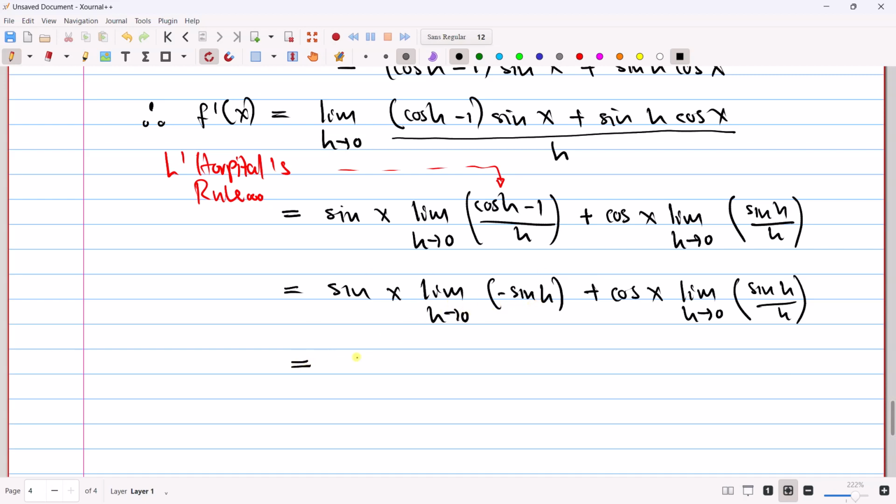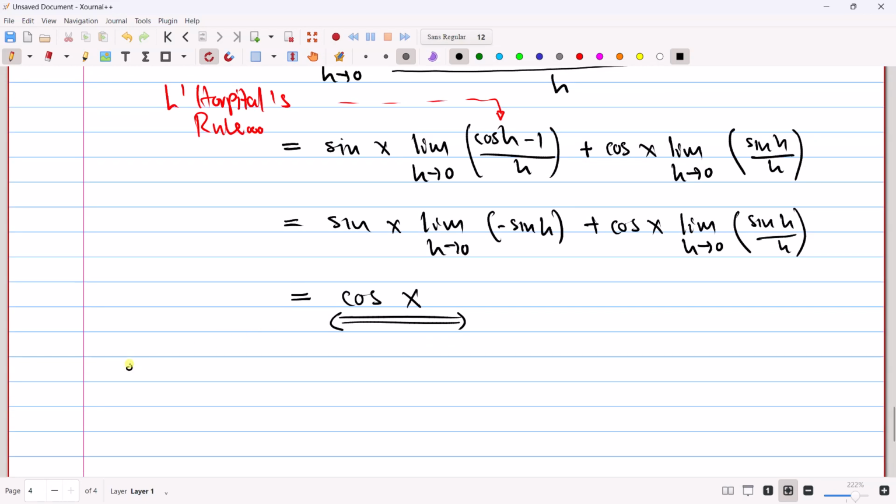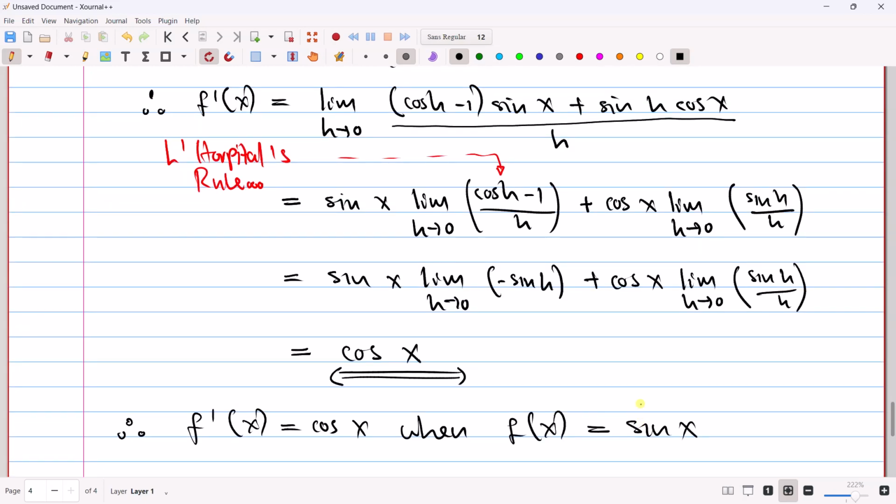For the first part, the limit as h approaches 0 is 0, so that whole part vanishes. And the limit of sine h over h as h approaches 0 is 1. So finally we have cos x. Therefore f prime of x is equal to cos x when f of x is equal to sine x. This is how we evaluate derivatives from first principles.